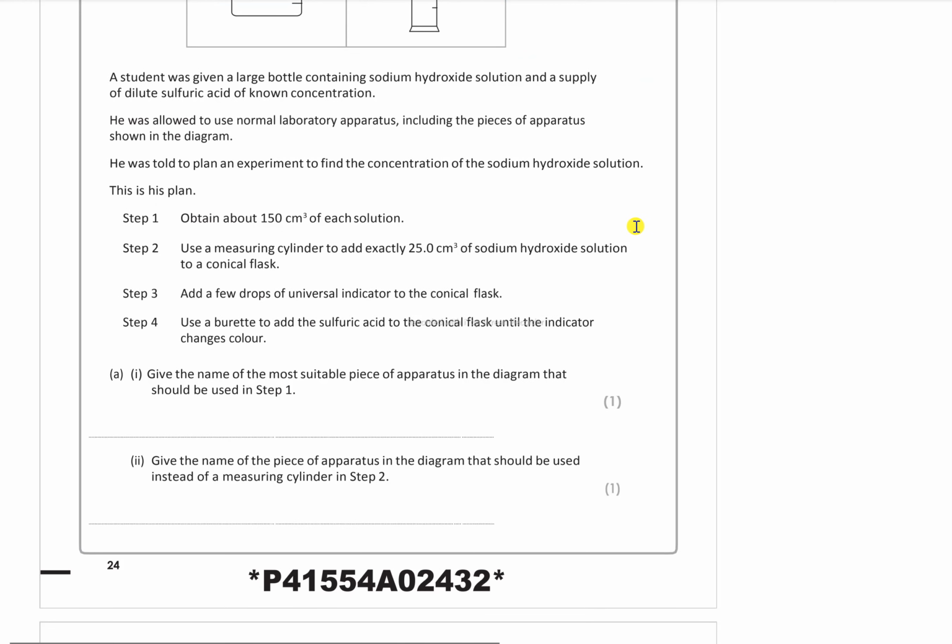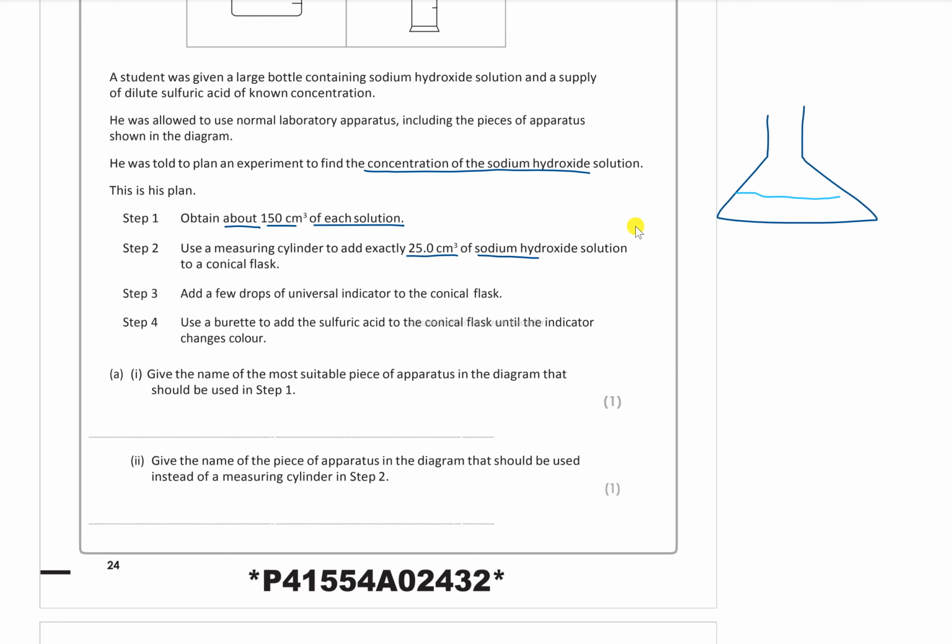So we're going to find the concentration of sodium hydroxide solution. So obtain about 150 centimeter cubed of each solution. Using the measuring cylinder, exactly add 25 centimeter cubed of sodium hydroxide into a conical flask. So let me try to go through that.